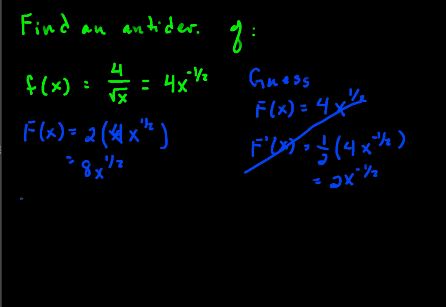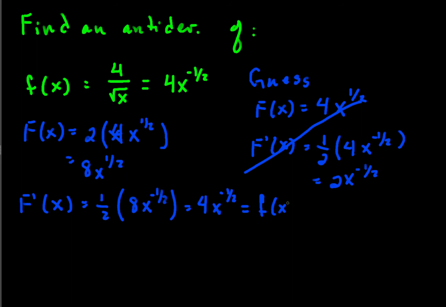And if we take the derivative, f prime of x is equal to 1/2 times 8x to the minus 1/2, which is 4x to the negative 1/2, which is our function. And so we see, oh, if f of x is 4 over root x, then its antiderivative is 8 times the square root of x. Okay?